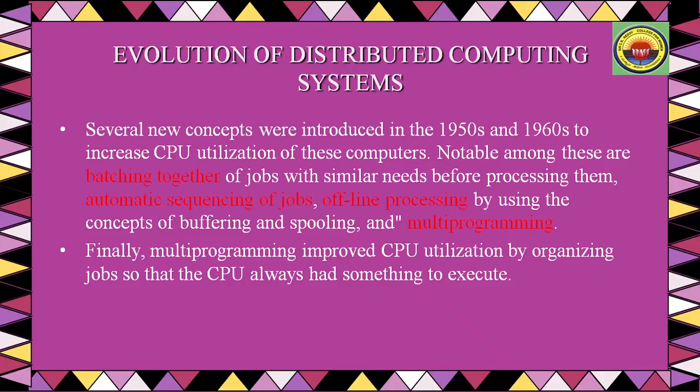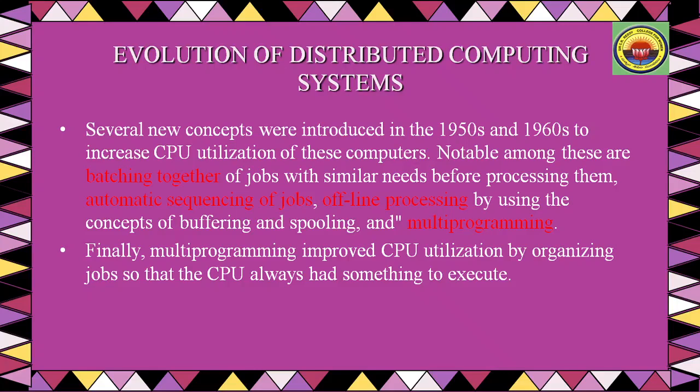That is nothing but the batching process. So batching together of jobs with similar needs is one of the concepts they followed. In such a manner, it will save our time. Why? Because we need not set the environment every time. We are executing 100 or 200 or even 300 jobs in a batch manner.